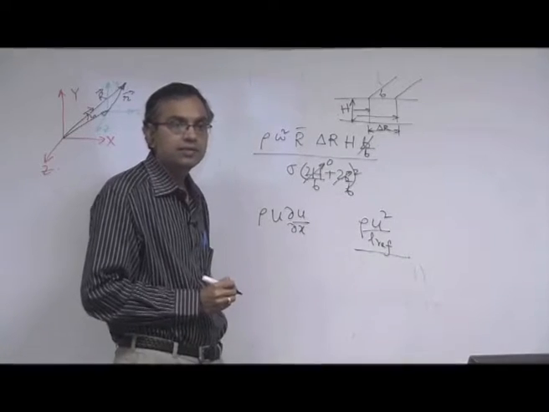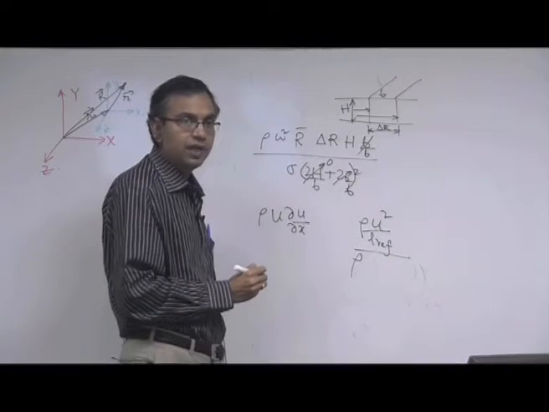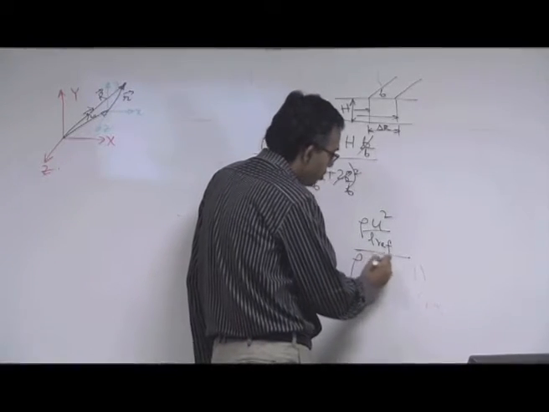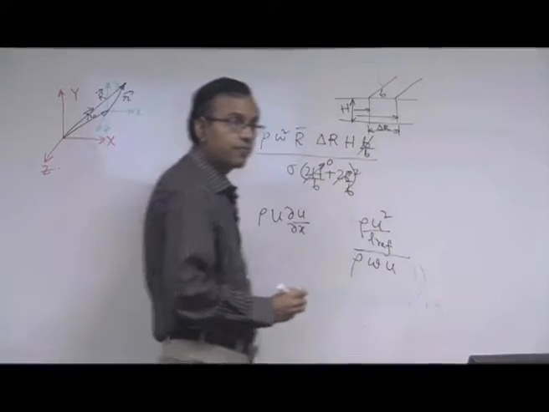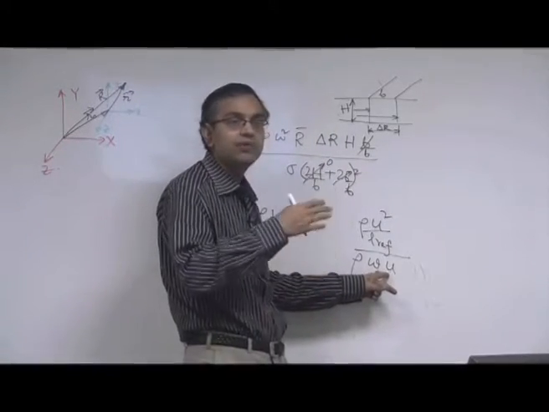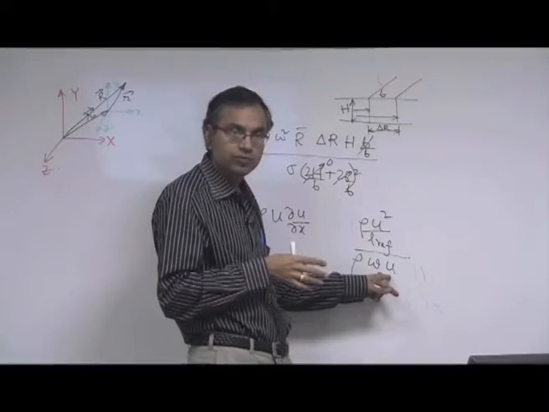Coriolis force is rho omega cross v relative, so rho omega u. U is the velocity at which fluid is flowing with respect to the rotating reference frame, so v relative is u.